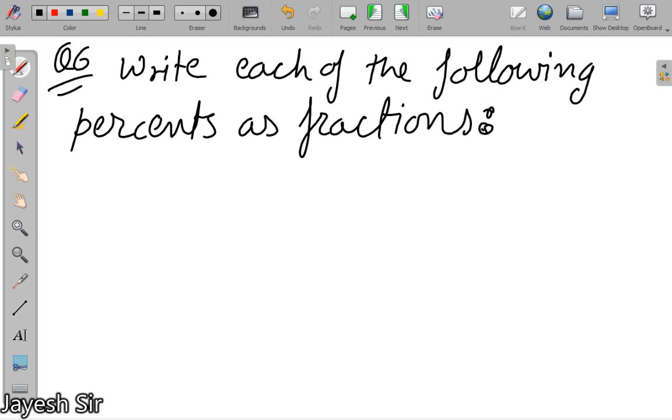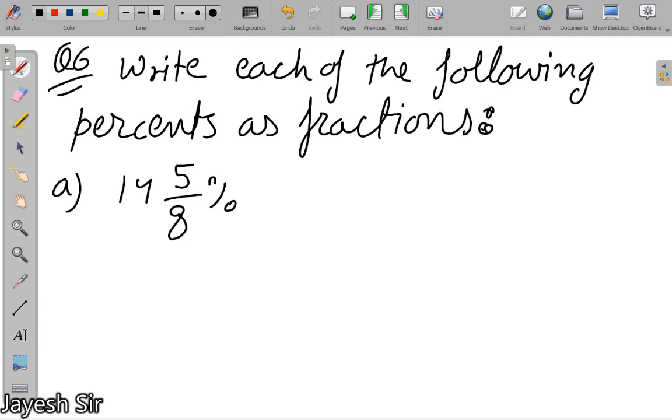Okay, we have to write each of the following percents as fraction. So first of all, let me take A part. This looks the most difficult of all. 14 5 by 8%. Okay, we have to convert this percentage into fraction.